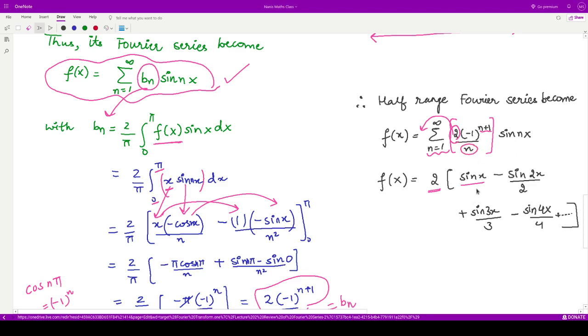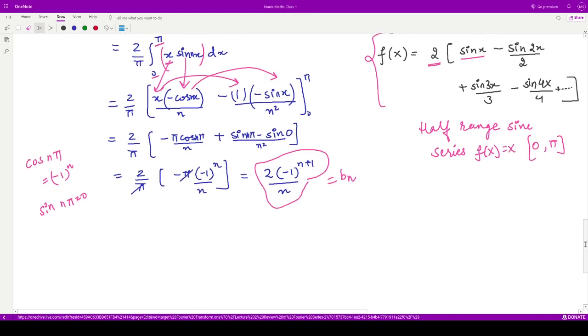Again for 3, the power would be 4, it would be even, so plus over here, and then we have sine 3x divided by 3 and so on. So this would be the half range sine series of the function f of x is equal to x defined on the interval 0 to pi.